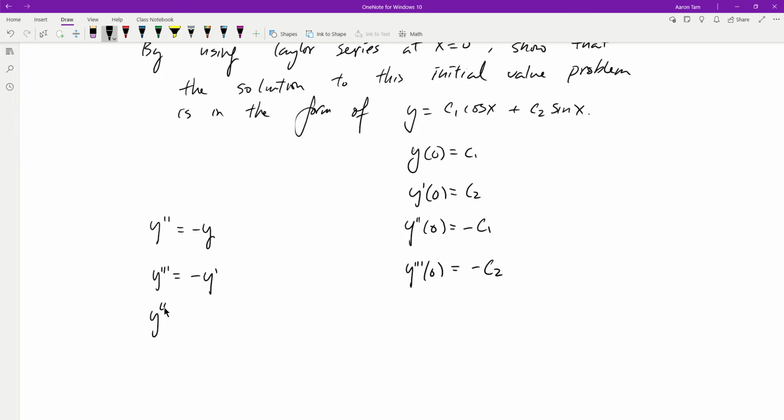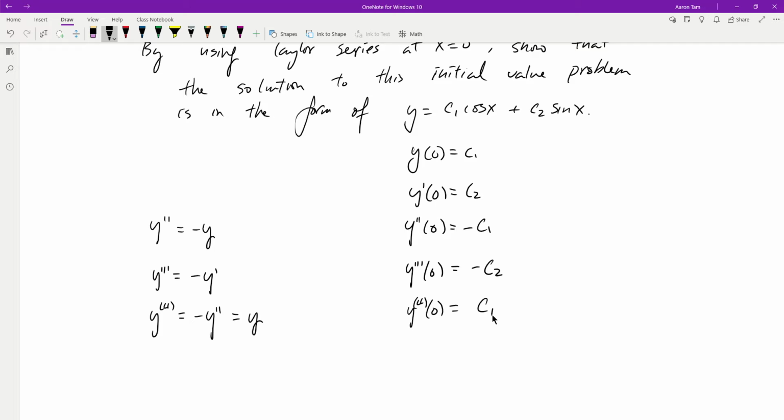Then what is the fourth derivative of y? That would come out to be negative y double prime, which is basically just y. So the fourth derivative of y comes out to be c1.